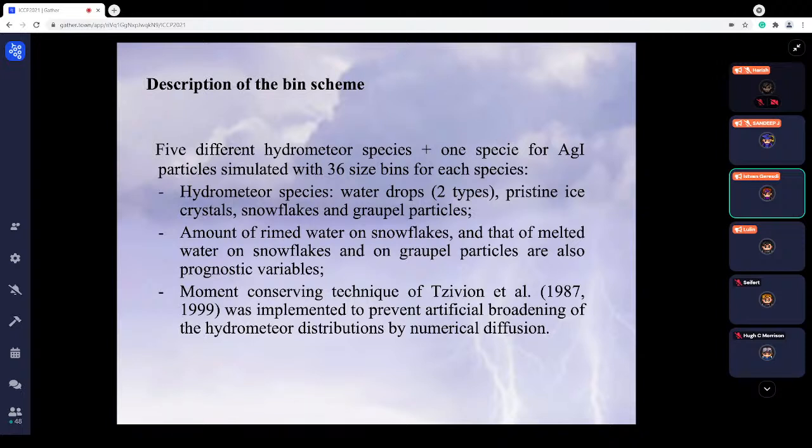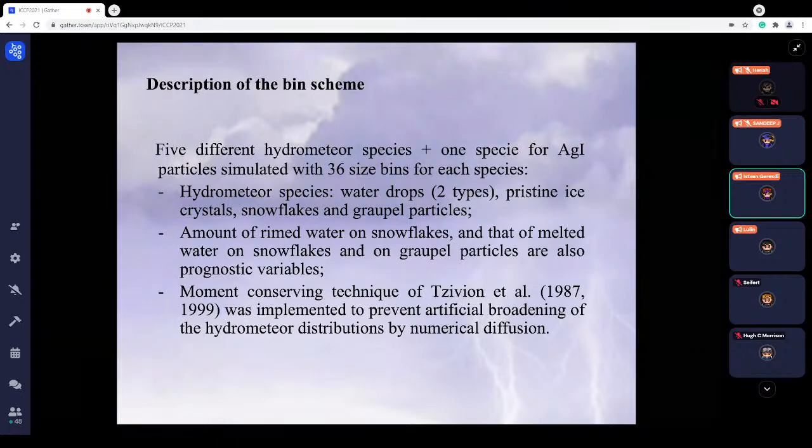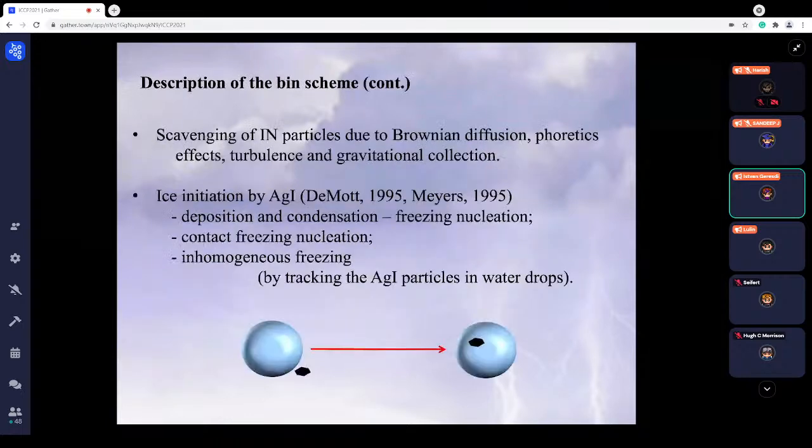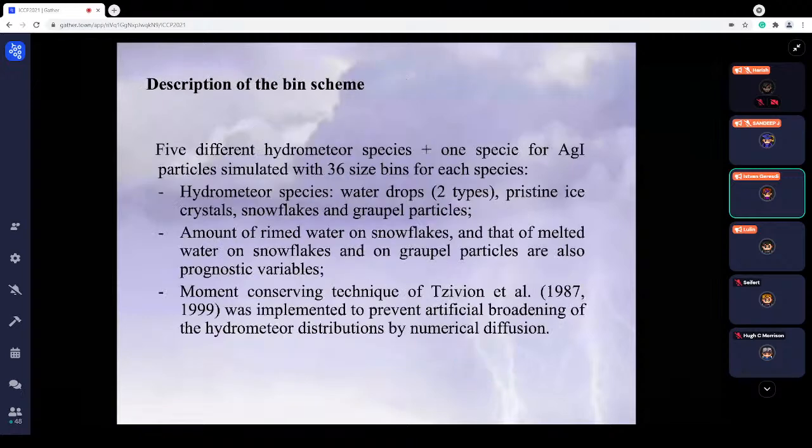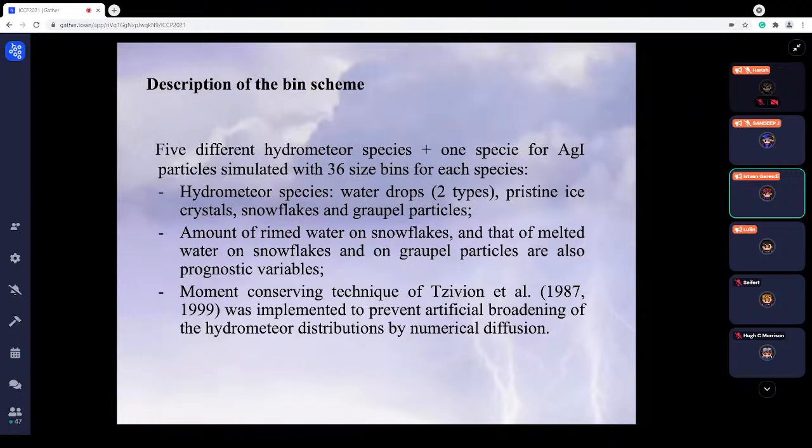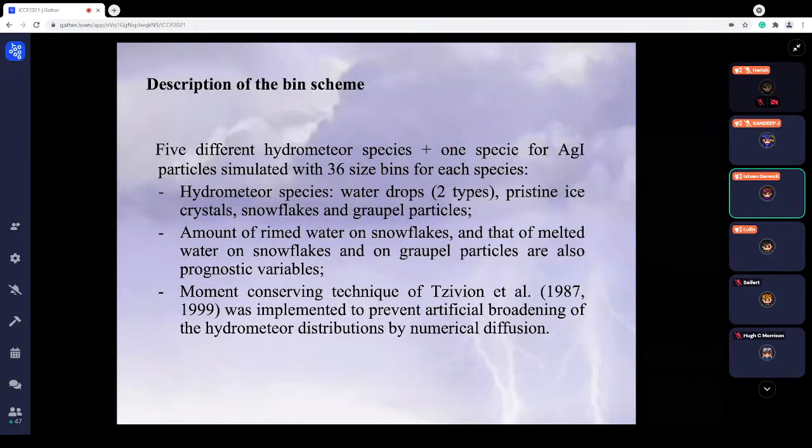I will mention later why. After that, you can see what types of processes are involved in the simulation. And finally, we use the two-moment conserving technique, as published in Cvi et al.